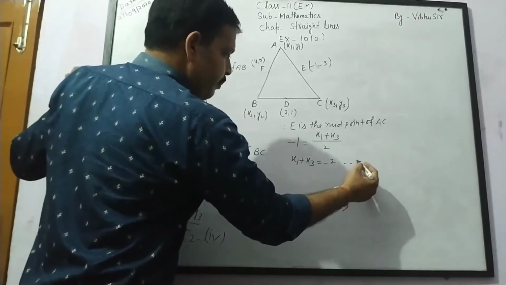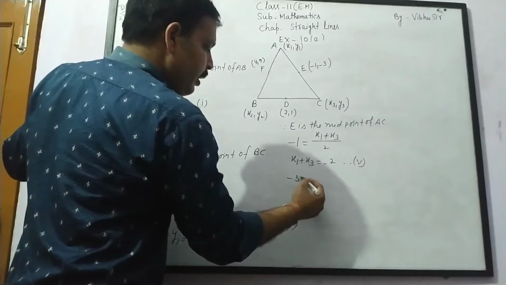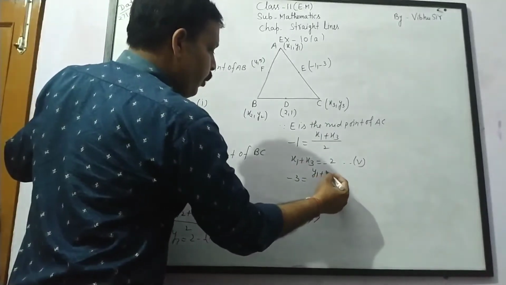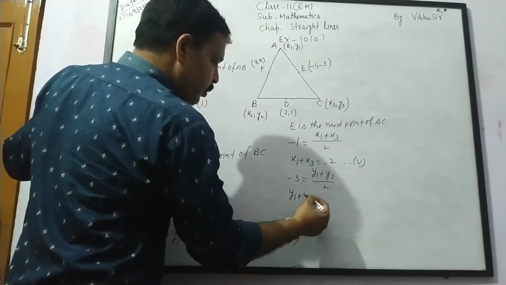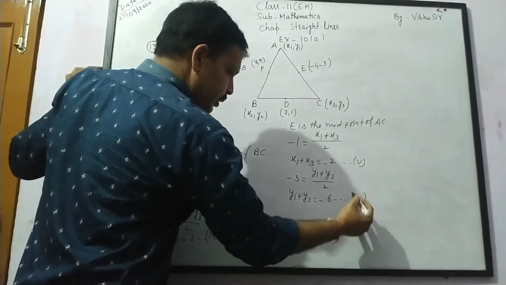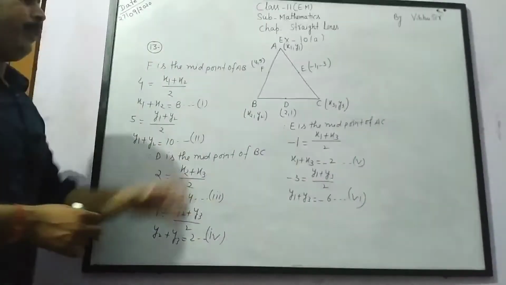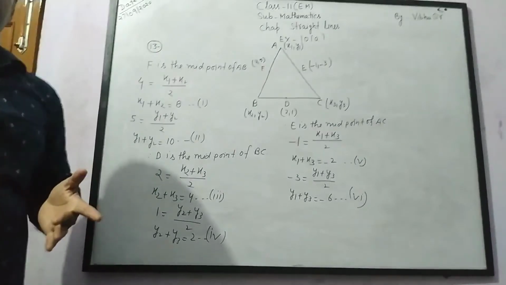Equation number 5. The y coordinate is -3, using the formula (y1 plus y3) upon 2, therefore y1 plus y3 equals -6. Equation number 6. Solving all 6 equations, we find x1, y1, x2, y2 and x3, y3.